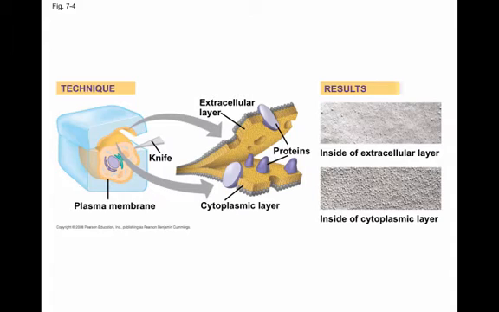And so when you see the pictures on the right, you can see inside the extracellular layer and you can see inside of the cytoplasmic layer. So you can see that there's definitely two different looks to those views of our layers there.